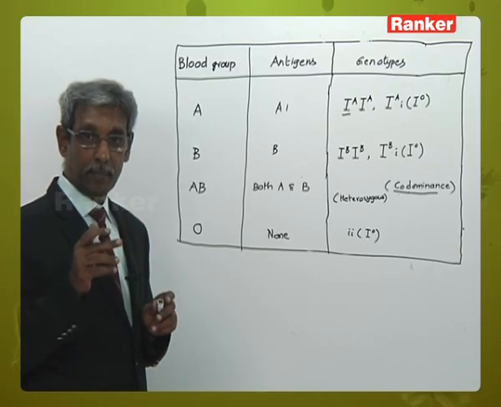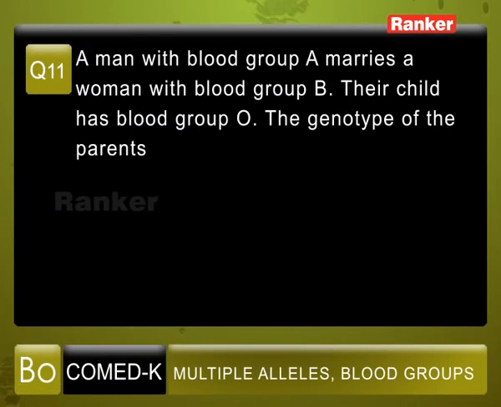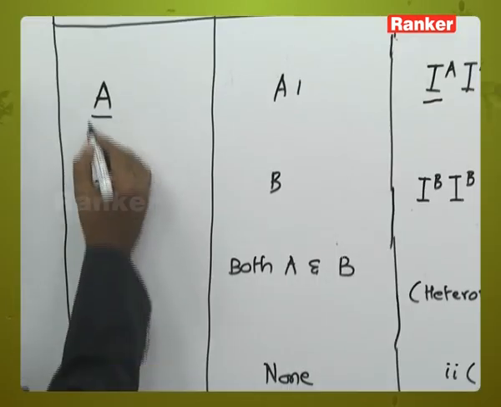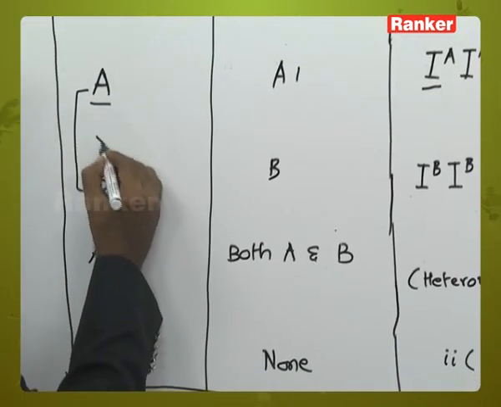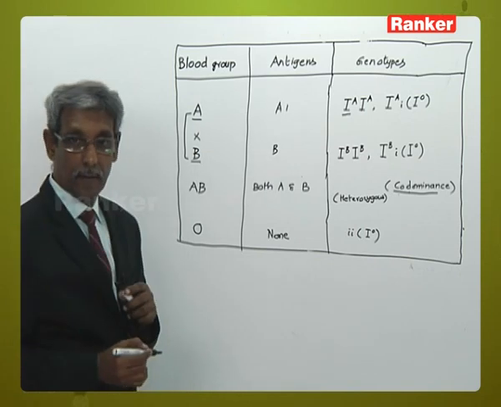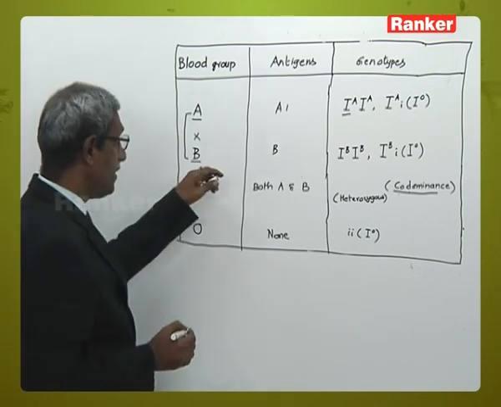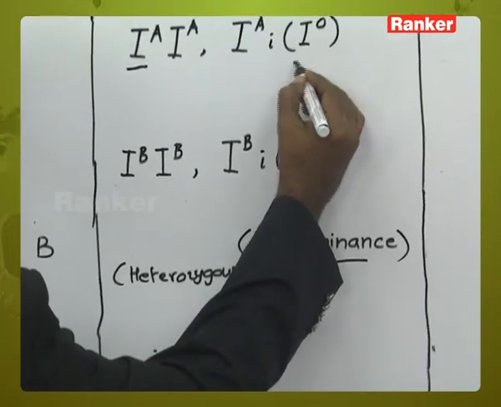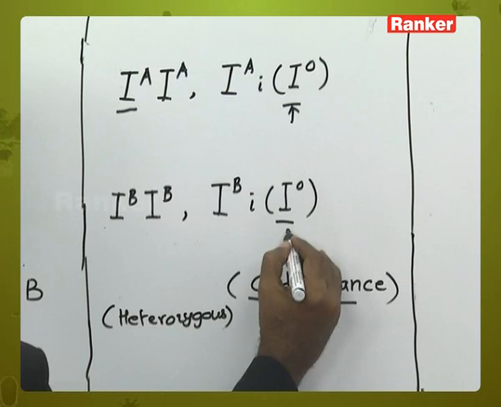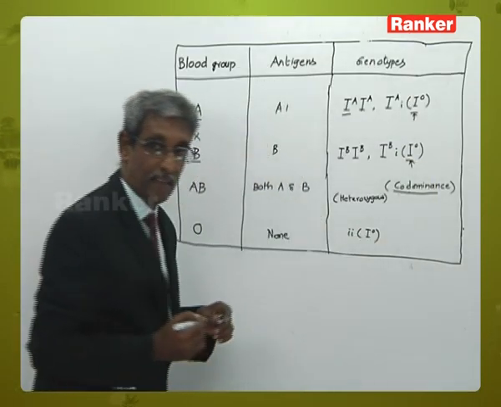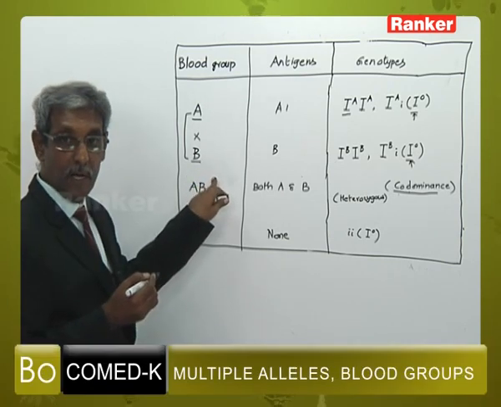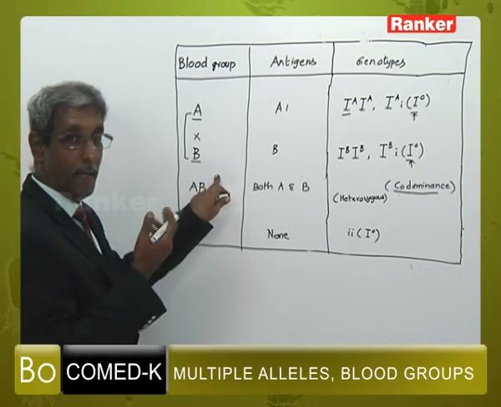We understand when you look at the particular problem: a man with blood group A marries a woman with blood group B. Their child has the blood group O. Thereby, the question asked is, what could be the genotype of the parents?